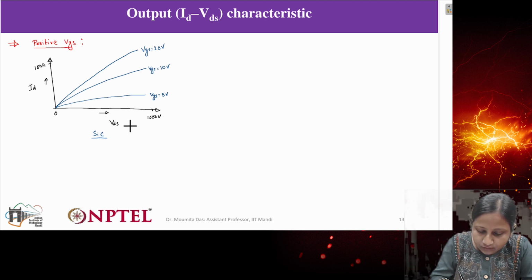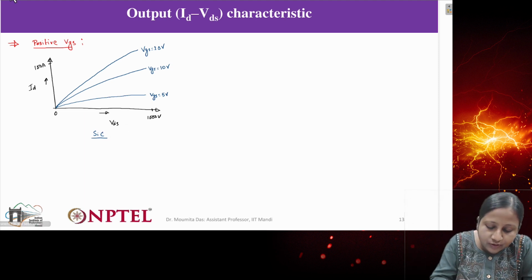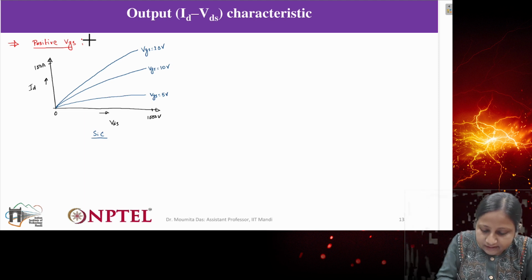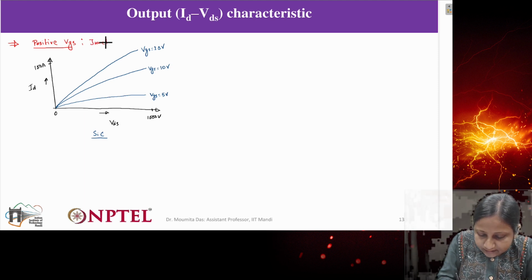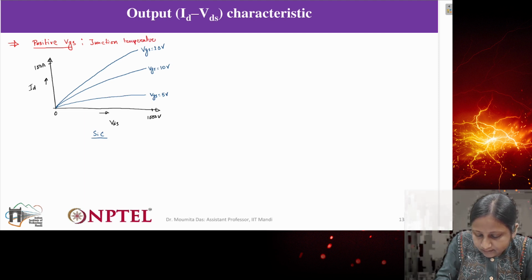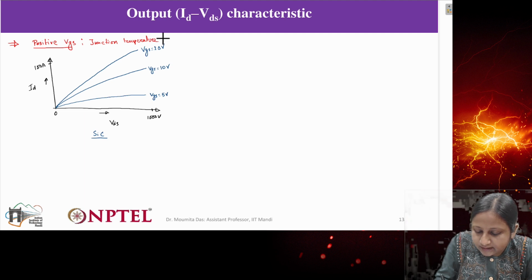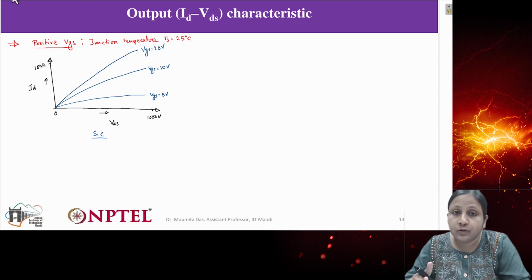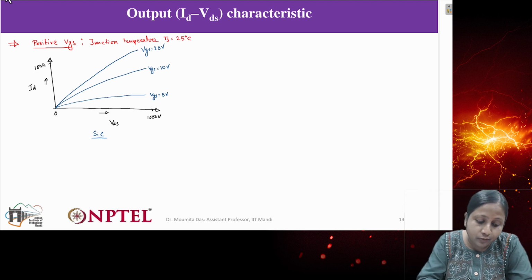With this positive VGS we are keeping here, the junction temperature Tj is constant. Let's say Tj equals 25 degrees Celsius. That is constant, we are not varying it, and we have to regulate that. That is also very important.